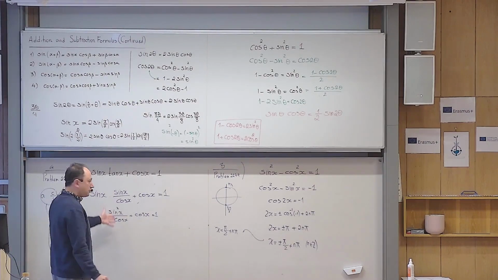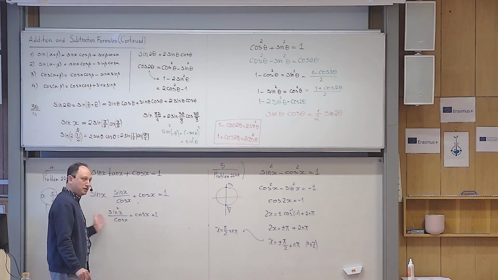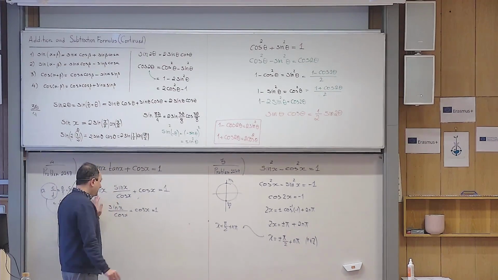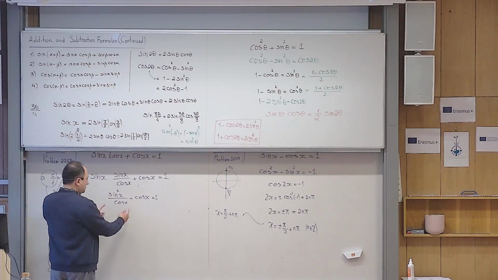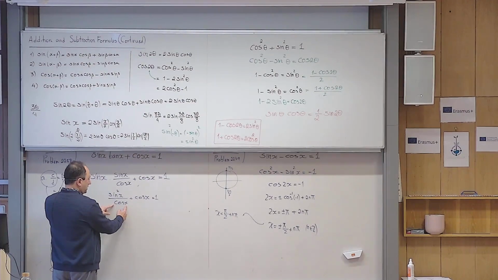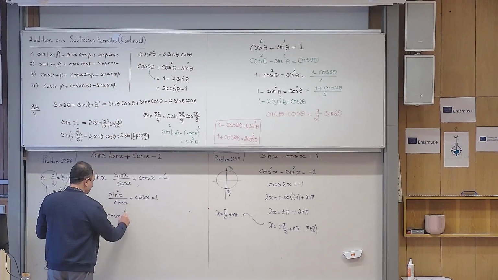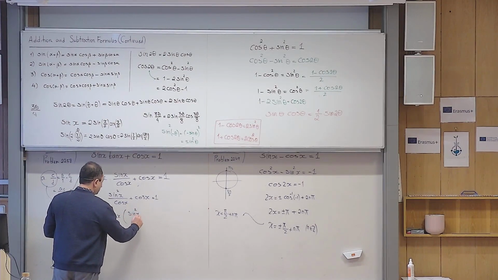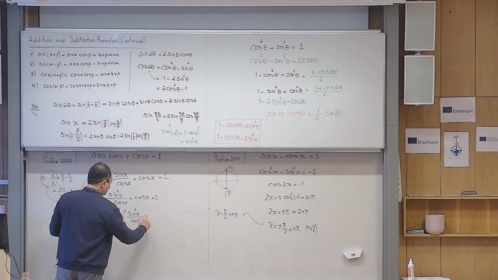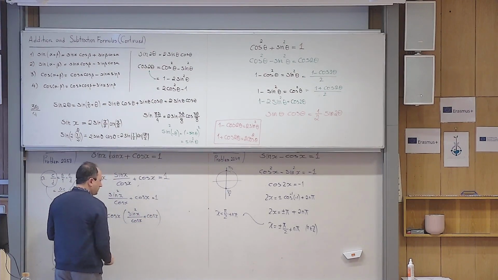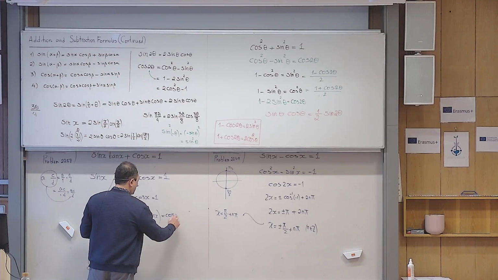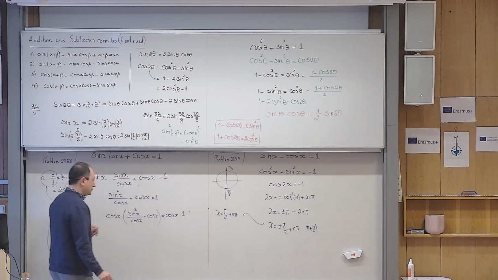Then, yes, whenever you have fractions, if you remember the previous lessons, you have to get rid of fractions as soon as possible. So to get rid of fractions, it is not too hard to see that if I multiply by cosine, this fraction is gone. So I multiply everything by cosine. On the left, I have to do the same thing on the right, otherwise I am violating the rules, yes?